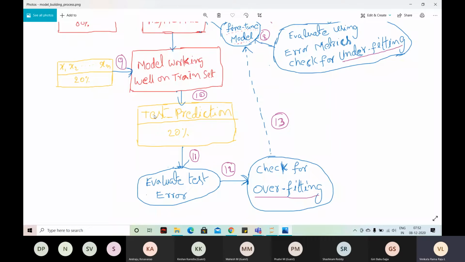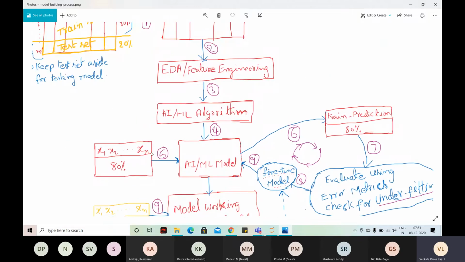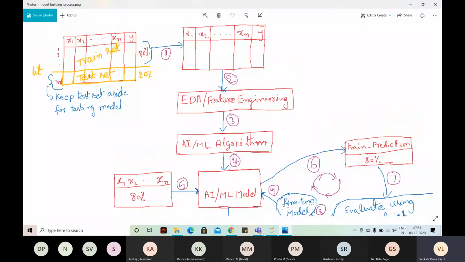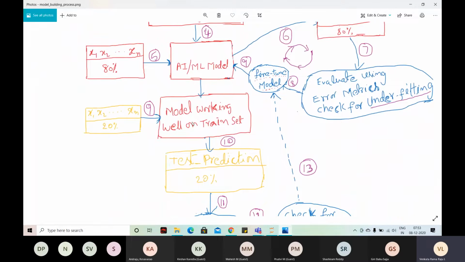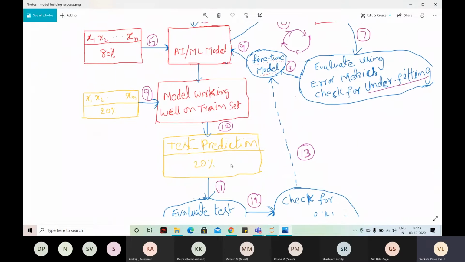If it is working well on the test set also, that means the model is good and there is a high probability that it will work in production also, because this is unseen data. Unseen in the sense that even as a data scientist, I did not look into it, and then I passed it to the model and made predictions.